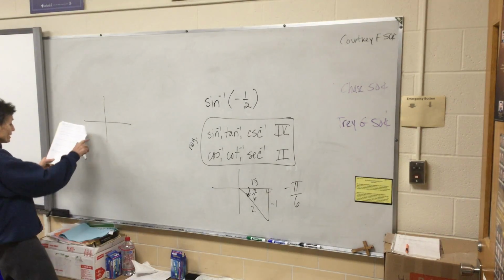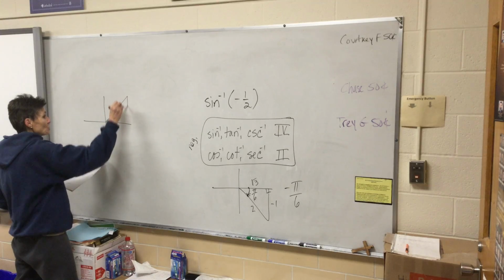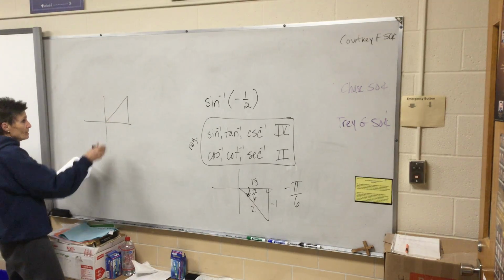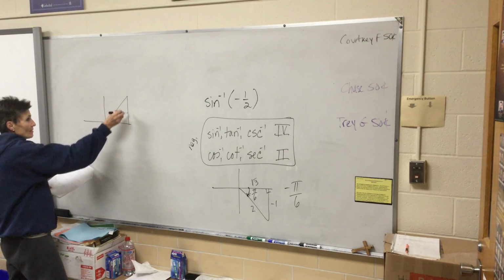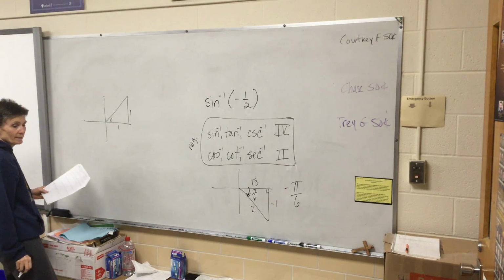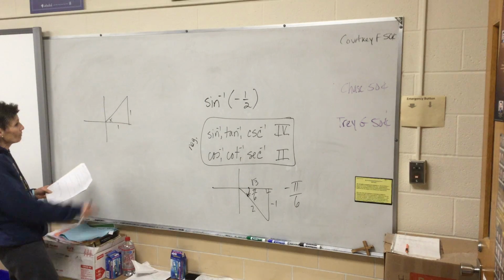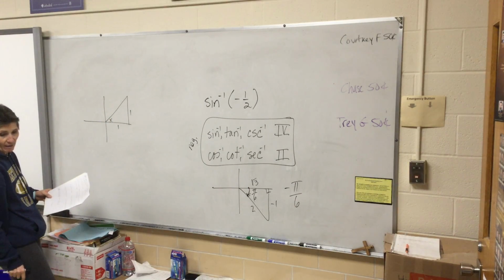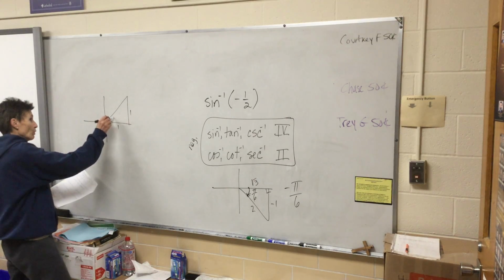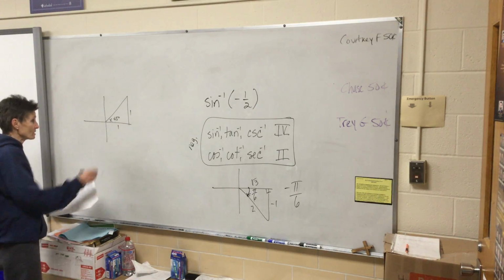So, I'm looking for the angle whose tangent is 1. So, I want to know the angle that has a tangent of 1. Well, everybody out there should be able to tell me immediately that angle is how big? 45. Yes, 45 degrees. So this is my answer.